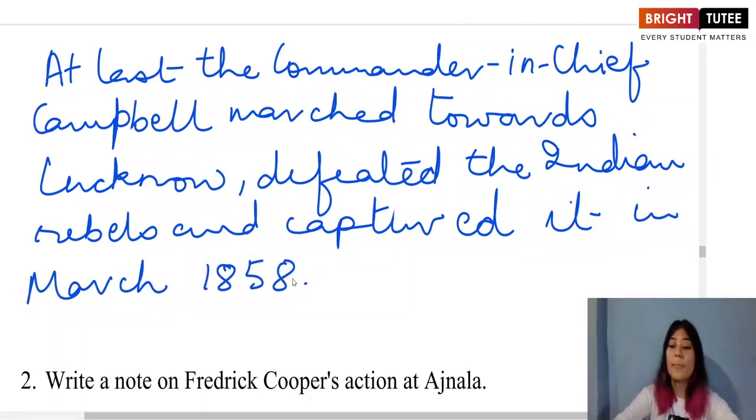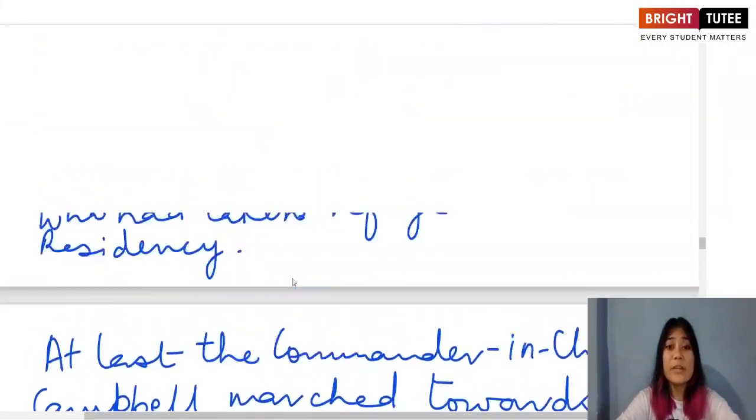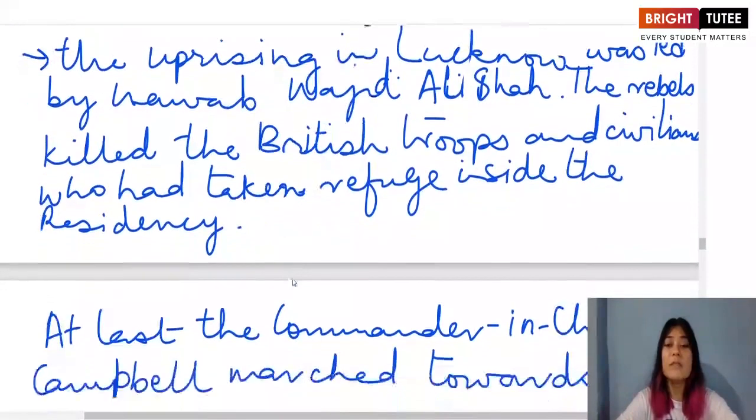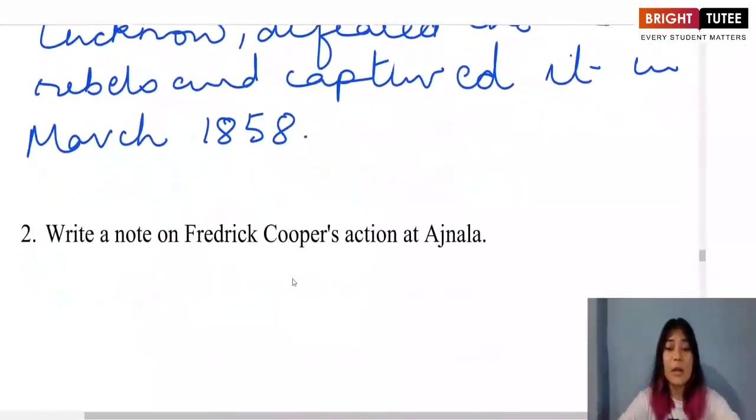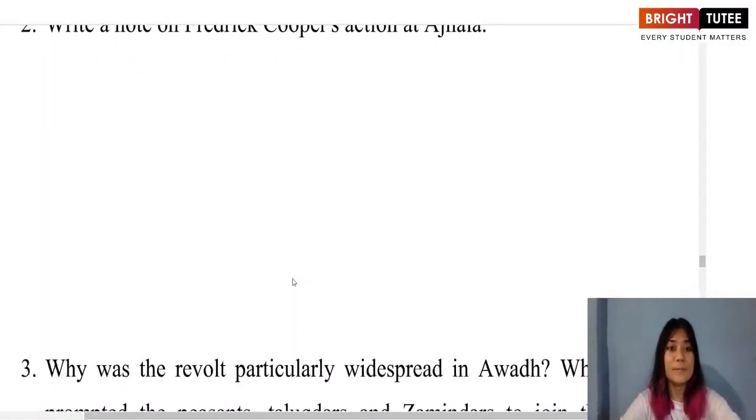Okay. So this is a brief description of the main events of the uprising of 1857.